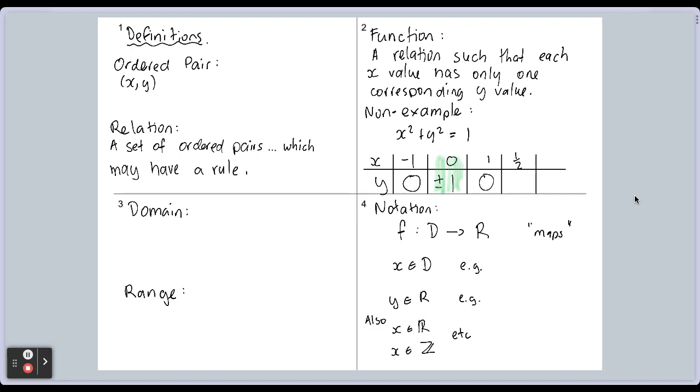Okay, so when x equals a half, when we square a half, we get a quarter. Half times a half is a quarter, so there's a quarter there. Subtract it from 1, and I'll get 3/4 over here. And if I take the square root of 3/4, again, a square root symbol is involved, and so it's plus or minus.